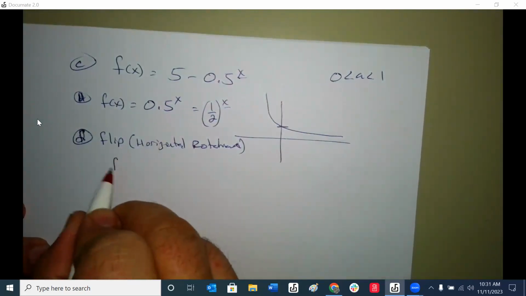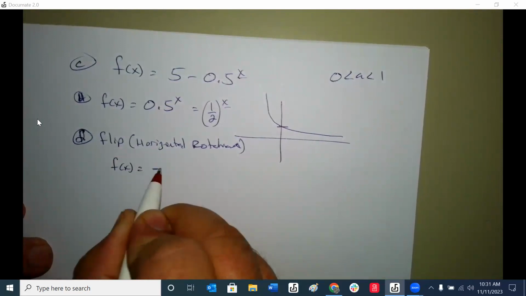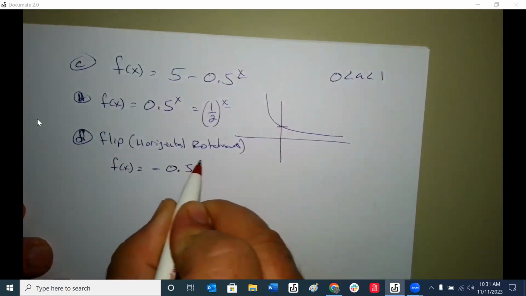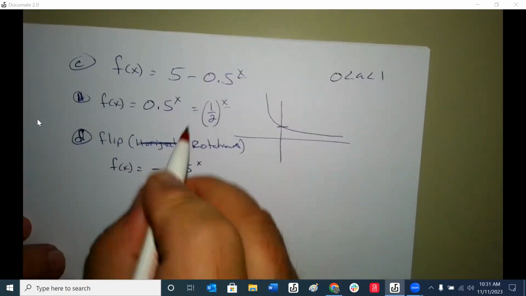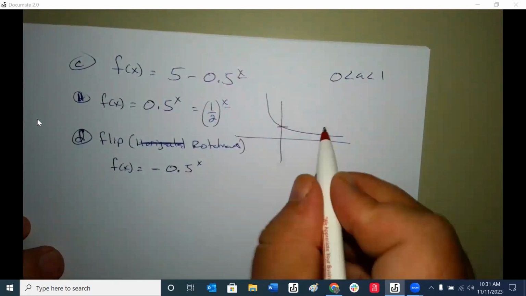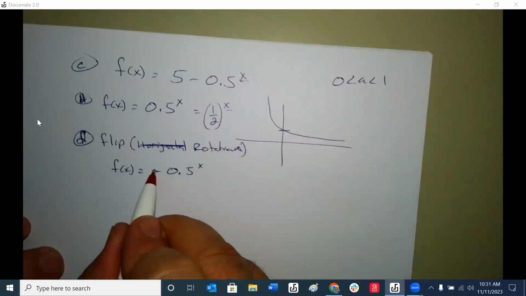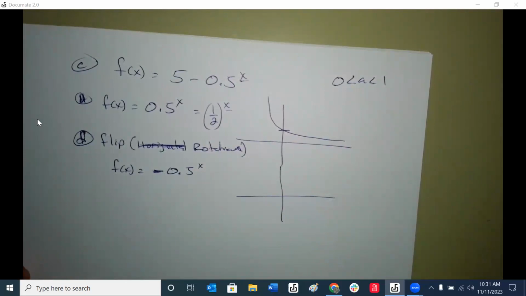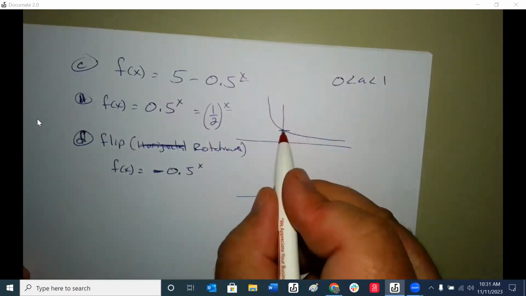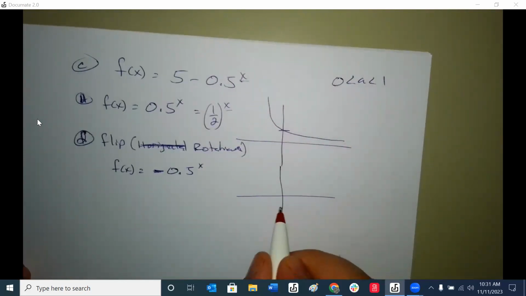Because what we have now is a negative 0.5 to the x. Ooh, no. This is a vertical flip because it's outside the function. If it was negative on the x, it would flip this way. But since it's outside the x, it's a vertical flip. So now instead of crossing at 1, it now crosses at -1.